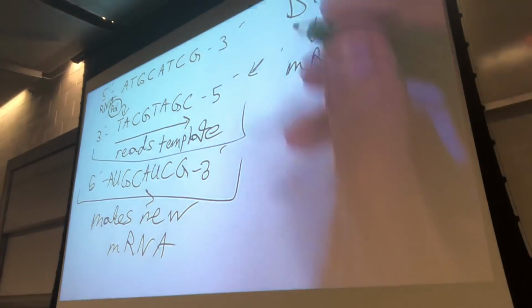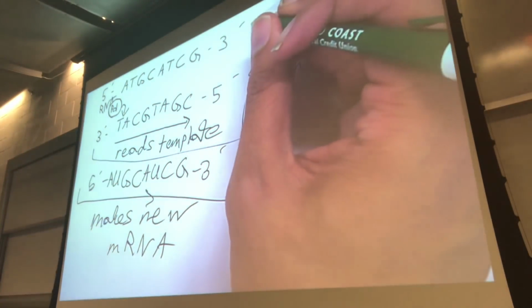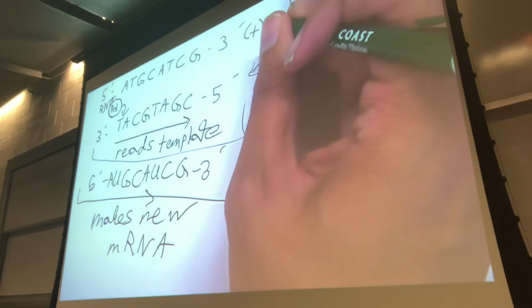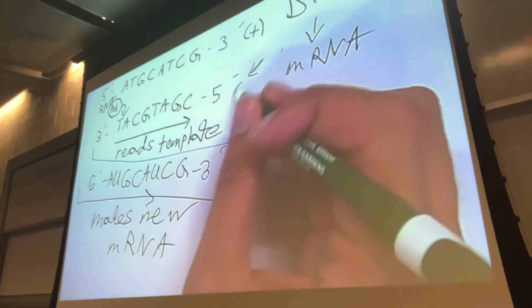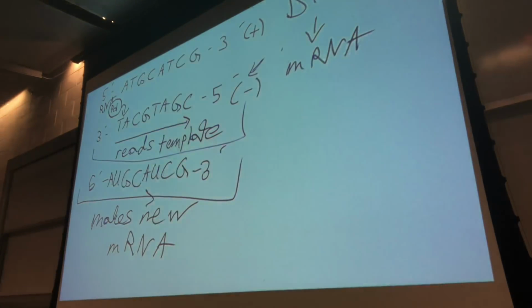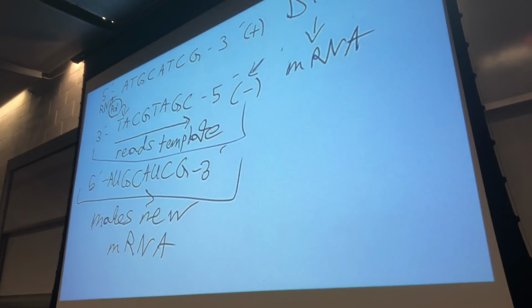In this example, I'm going to label this as the positive strand, and this one down here is the negative strand. This is the notation they use in genetics and molecular biology to distinguish which strand of DNA you are looking at your sequences for, which strand of DNA will be the template strand that an RNA polymerase will bind to and read.